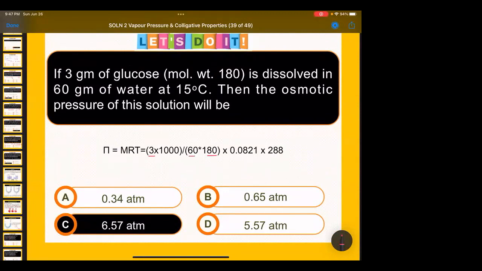I have taken 60 gram as 60 ml, right? So 60 by 1000 liter. So it is 3 by 180 by 0.06. This is the concentration, this is the R, and this is the temperature, that is 273 plus 15, so 288, right? So the answer is going to be option C.